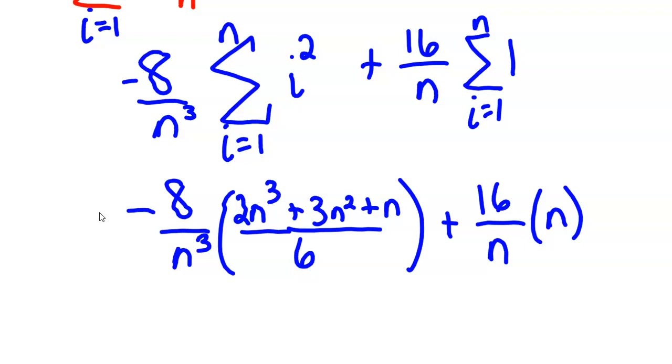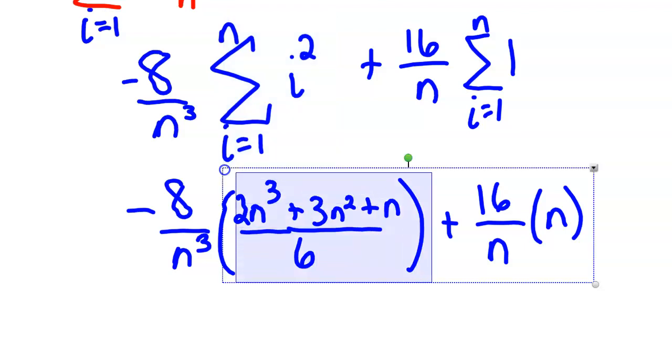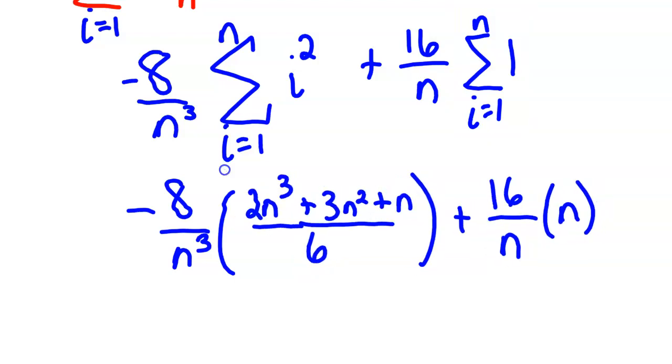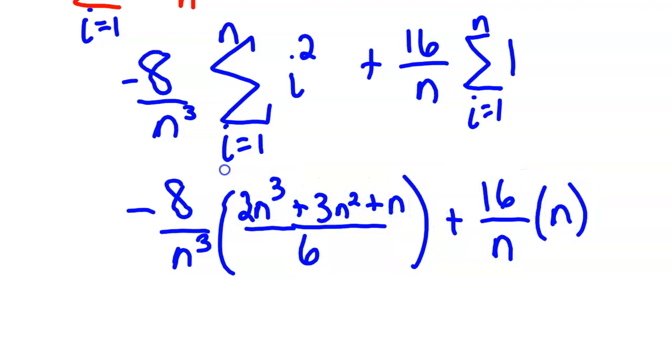So again, we've got this formula for the summation of i squared here, and I'll go ahead and plug that in for that. And then the same with this one, the summation of 1 from 1 to n is just n. So that one right there.